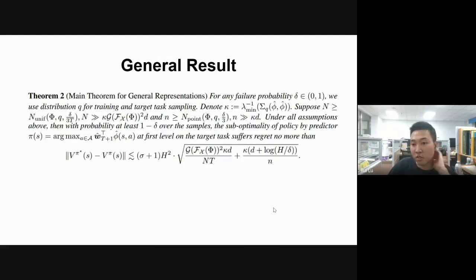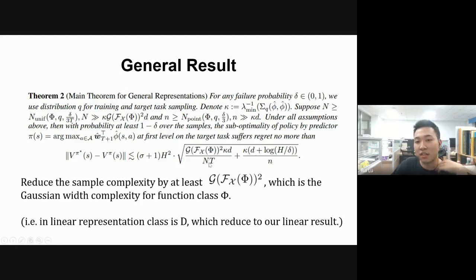And the final result is like this. It's quite similar to the result before, and you just focus on the capital N and on the denominator. This is a Gaussian width complexity measure for this function class phi. And for the target task, it is just kappa d.